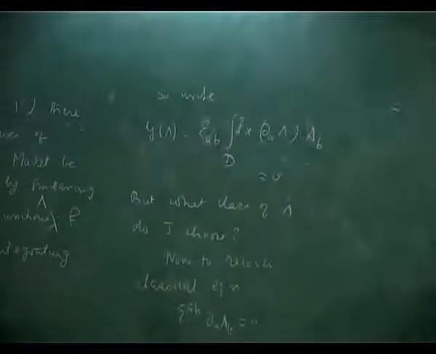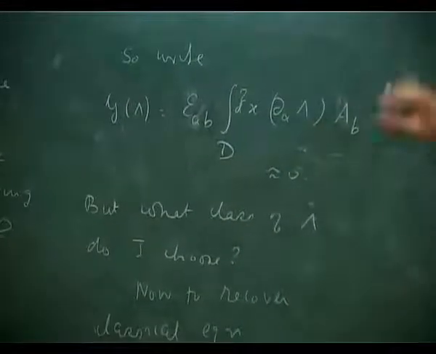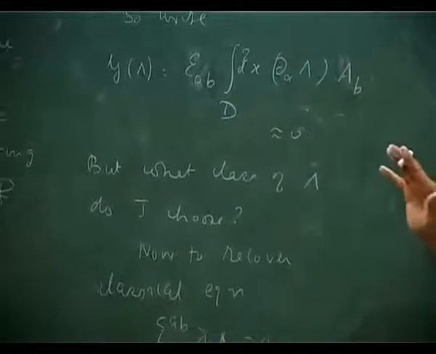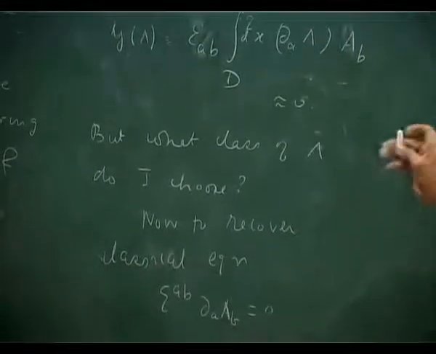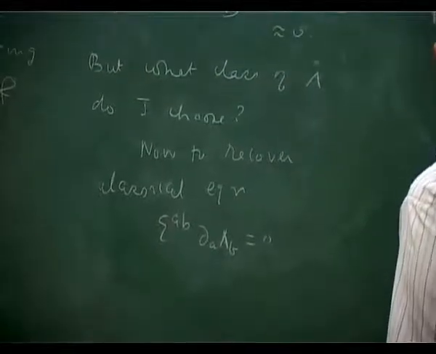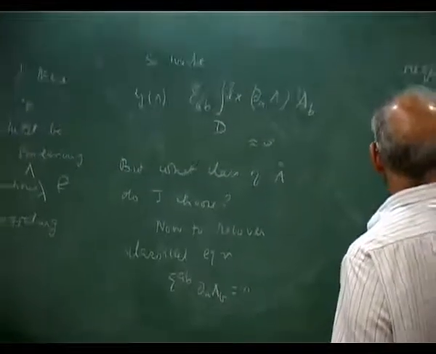If I treat this for a minute as a classical equation, not as a generator of canonical transformations but as just an ordinary function, we will see that we require lambda on the boundary to be 0.